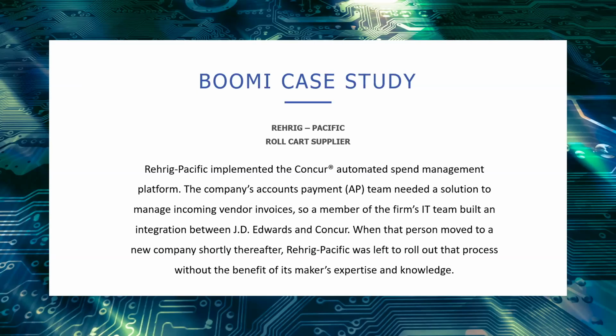What was ending up happening is that the AP team was spending hours and hours and hours trying to figure out why these transactions weren't getting completed. Why were they failing? That was because you've got two systems that are trying to communicate with each other, and sometimes the tax dollars weren't matching.